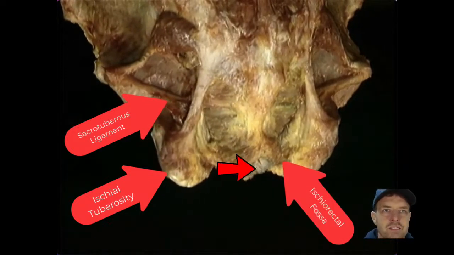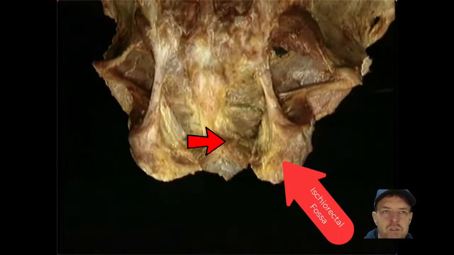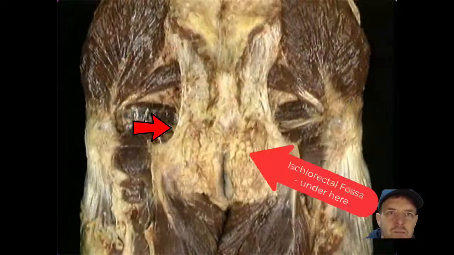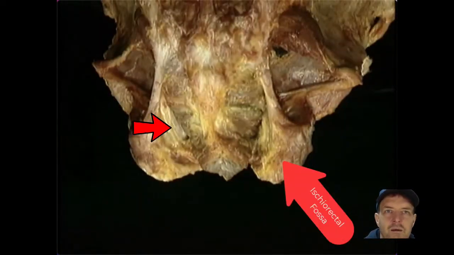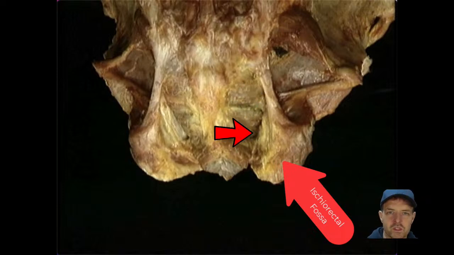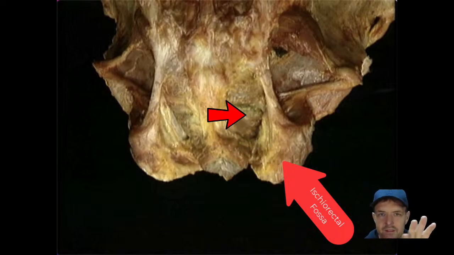That there is the anus. There's your anococcygeal ligament just there. Let me just go back a sec. This is the ischiorectal fossa. A fossa is a dip or a shallow. Can you see that there's a bit of a dip here? There's your ischial tuberosity, and then we've got this dip.